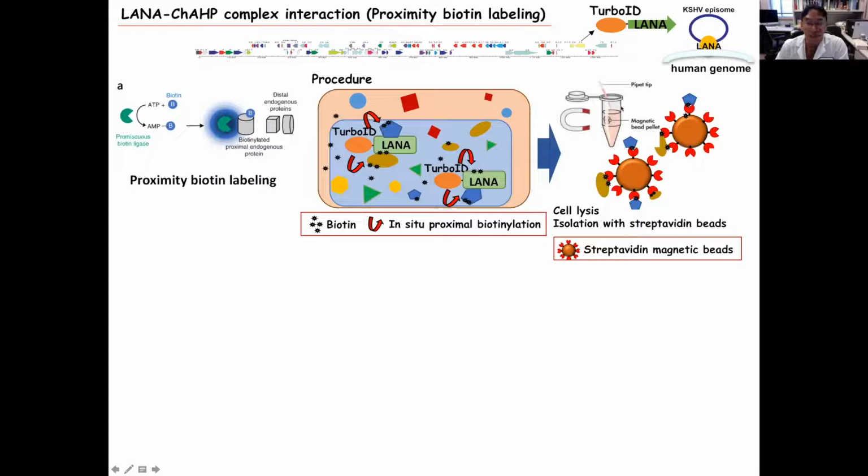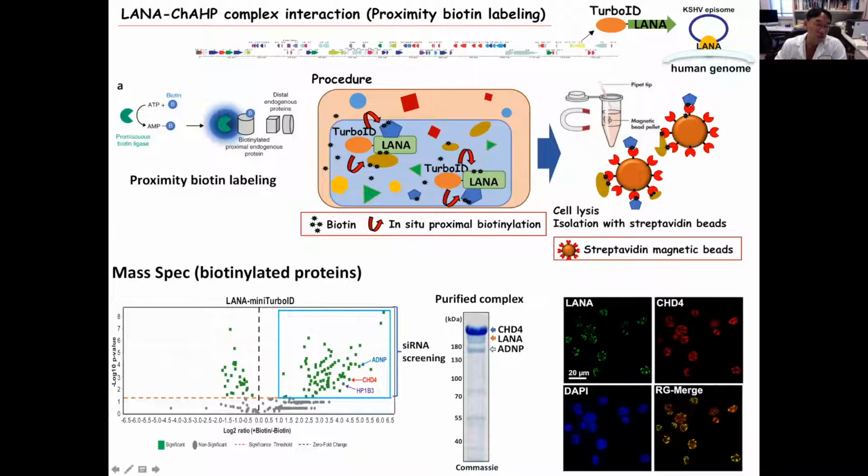Then we lyse the cell and isolate the biotinylated proteins, which is an indication of which proteins are nearby the LANA protein. Another advantage is that the streptavidin-biotin interaction is extremely tight, so we can wash under very harsh conditions. By doing so, we identified several proteins nearby the LANA protein.